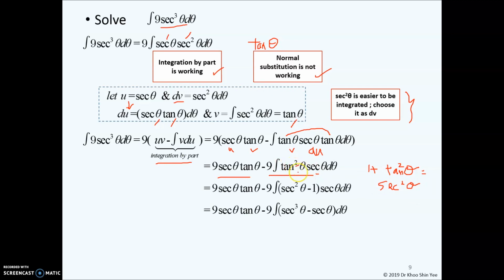So let's convert the tangent squared angle. You move it to the right-hand side and you get secant squared angle minus 1. So we can expand this. Secant multiplied inside, you get secant to the power of 3. Secant multiplied by 1, you get secant angle here.